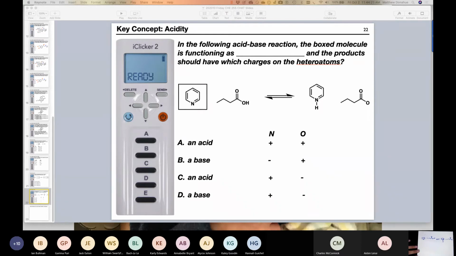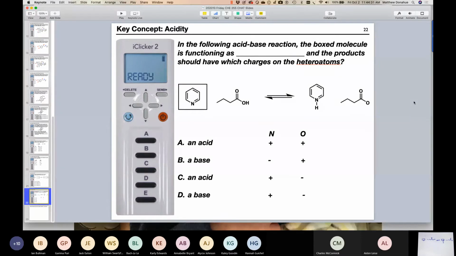What I've shown on the document camera is that reaction, and let's walk through how this reaction takes place. From an empirical, observational, first principles viewpoint, you can see this molecule.